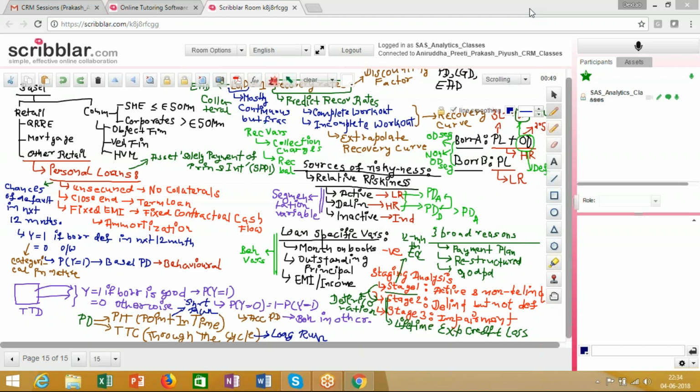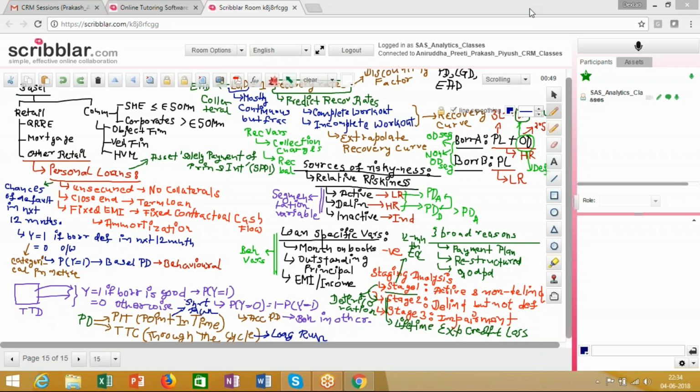So, for example, say the PDs that we get to see in the behavior scorecard, right? You see that when macroeconomic scenarios change or when other variables change, then the point in time PD also changes, right?